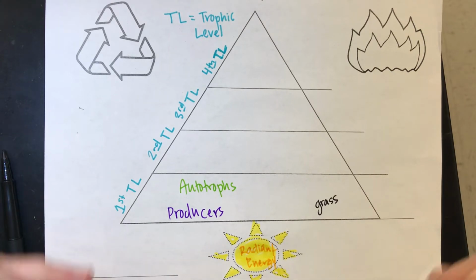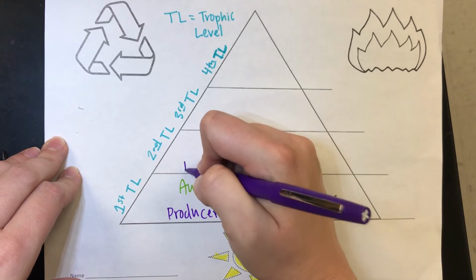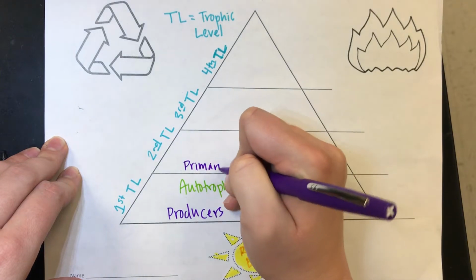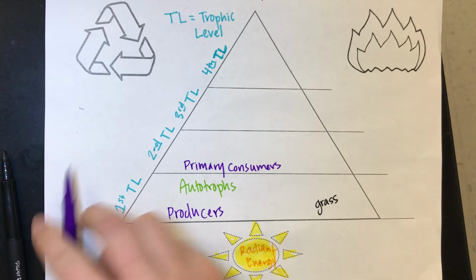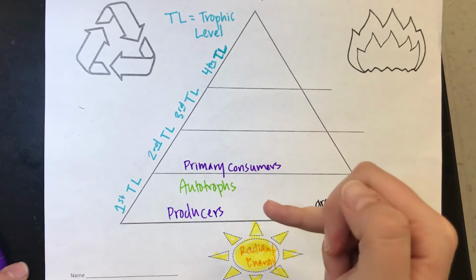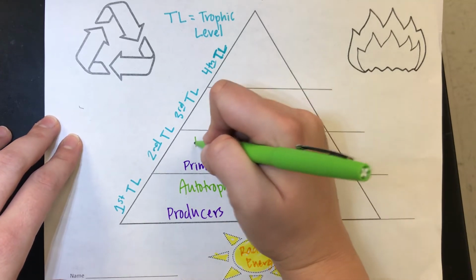All right, moving on to the second trophic level. The organisms on the second trophic level consume producers. And what's that word that we use for organisms that consume producers? It's primary consumers. And because primary consumers consume producers, they are not autotrophs, they are heterotrophs.